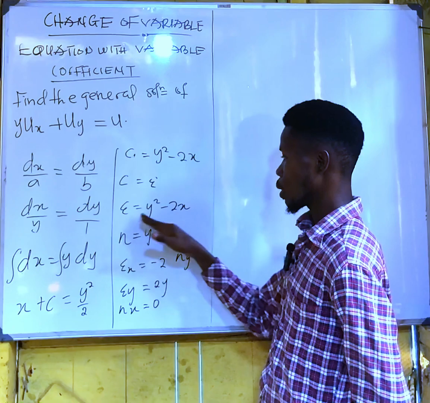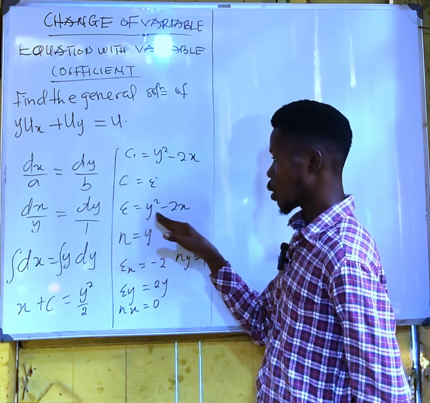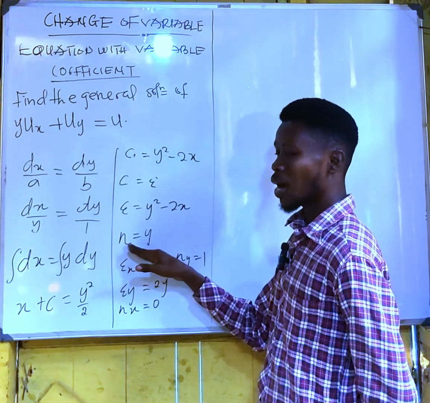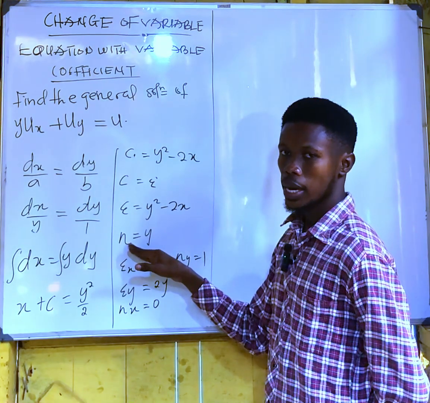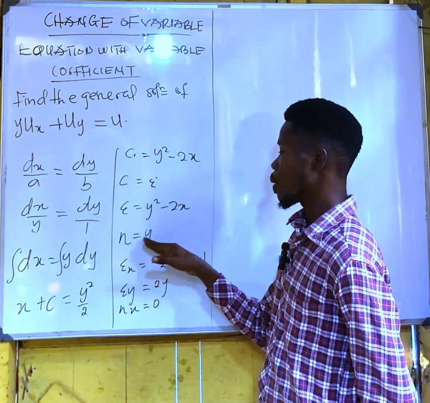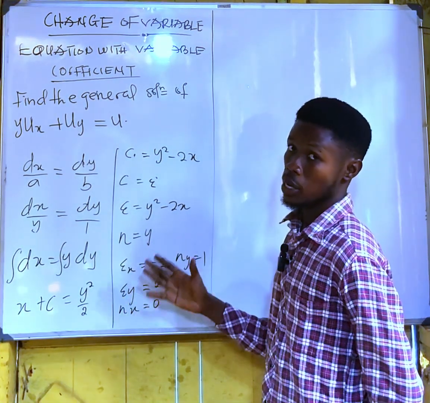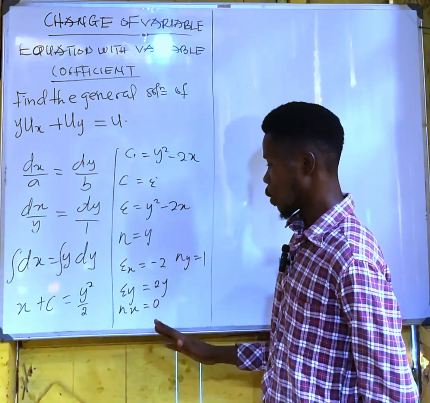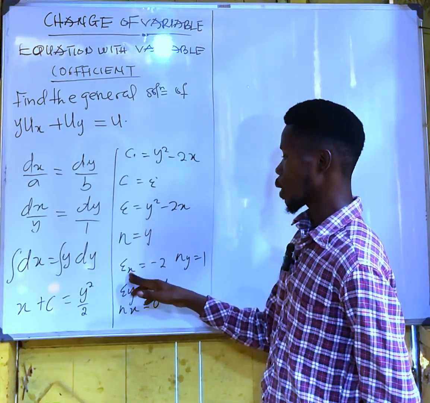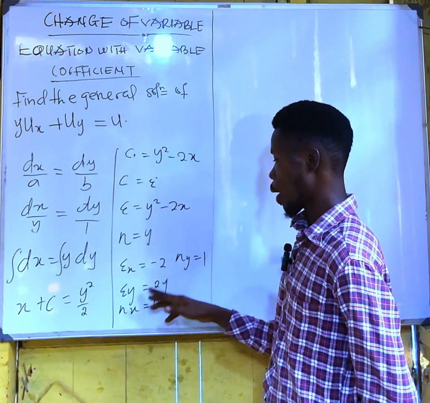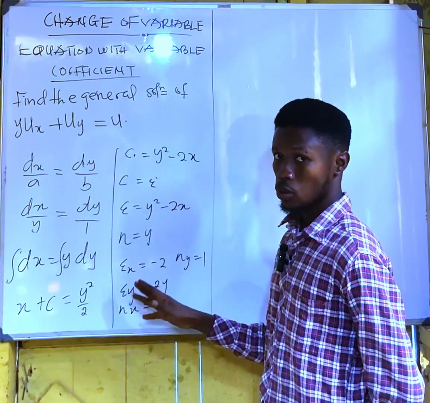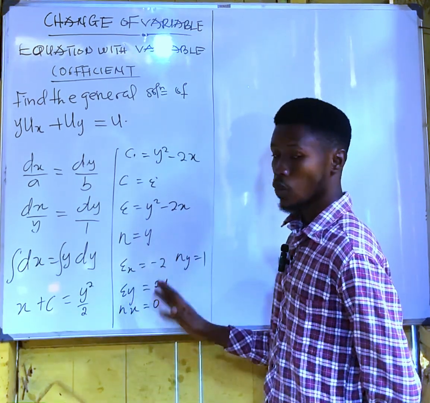I have used xi, so I then have to get eta. The eta is gotten by choosing either y or x. Any one of them works. After that, you differentiate them partially with respect to x and y, for both xi and eta. That's what I've done so far.